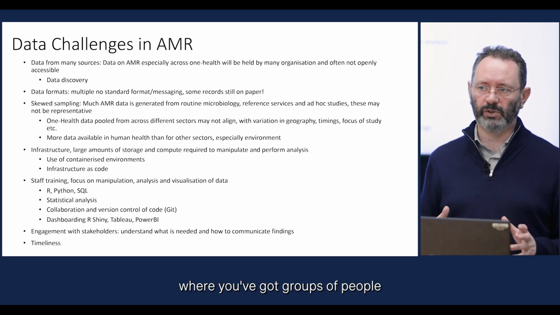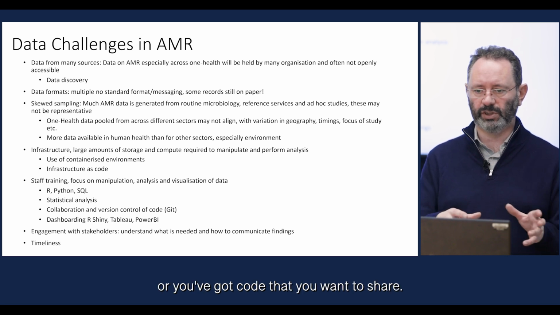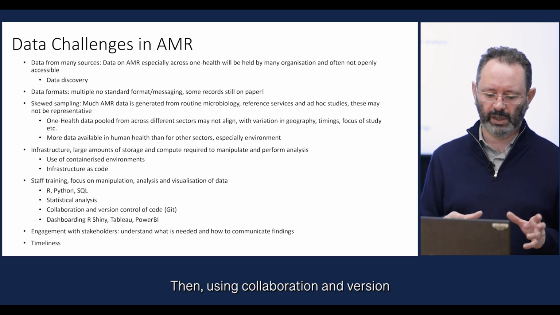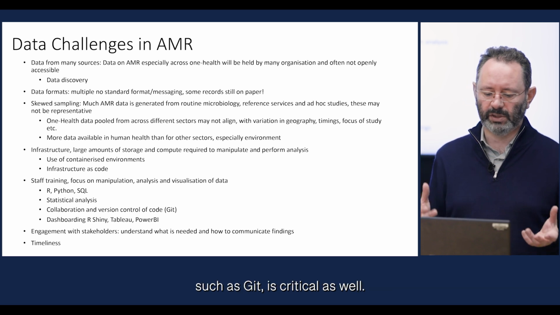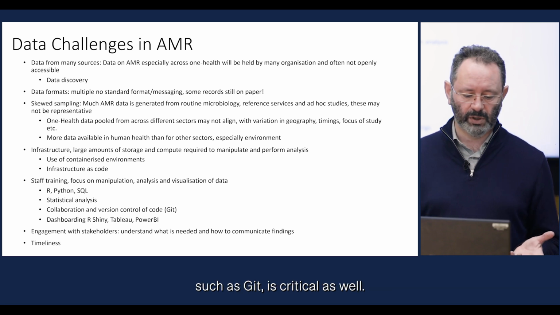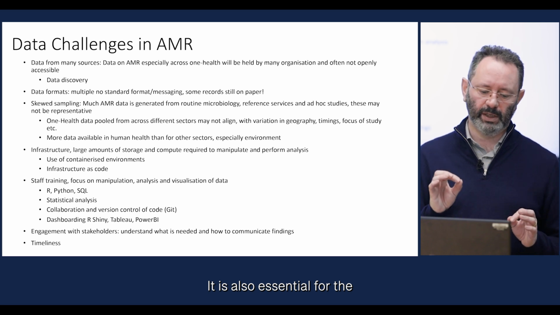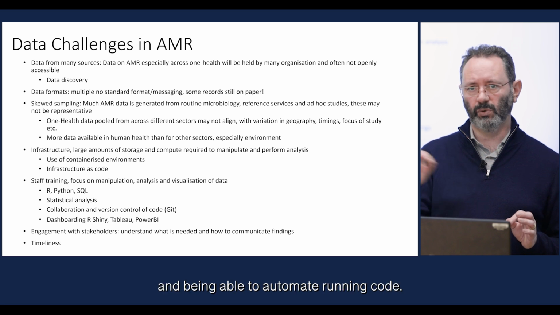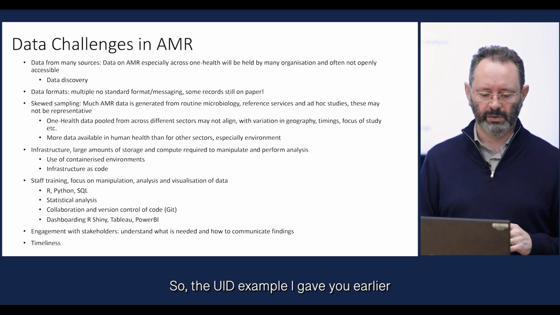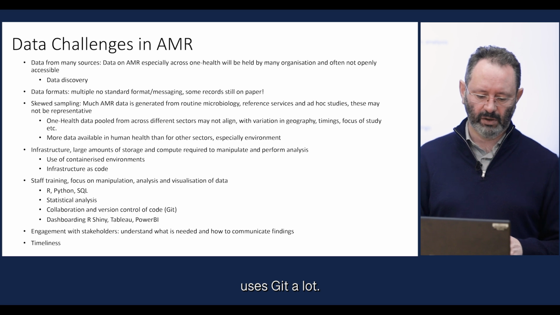Where you've got groups of people working on the same problem, or you've got code that you want to share, then using collaboration and version control software such as Git is critical as well. It is also essential for infrastructure as code and being able to automate running code. So the UID example I gave you earlier uses Git a lot.